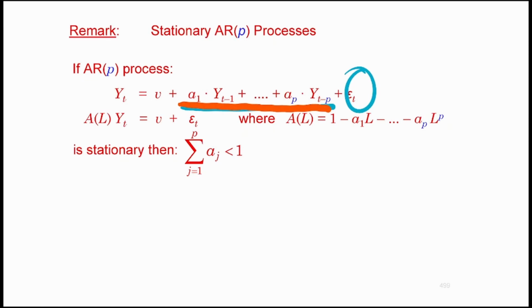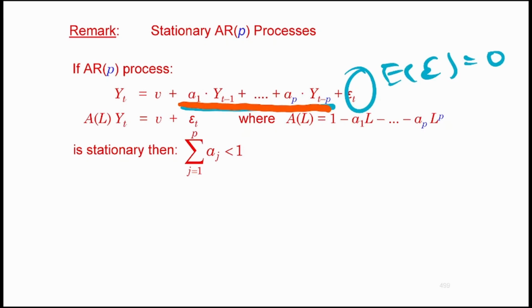You can use matrices, especially eigenvalues, if you know the term eigenvalues of matrices. I could show you that one. But if the sum is greater than or equal to 1, the process is going to be explosive. If the process is explosive, then it's not going to be stationary anymore. The expectation of the noise is 0 at all times, right?